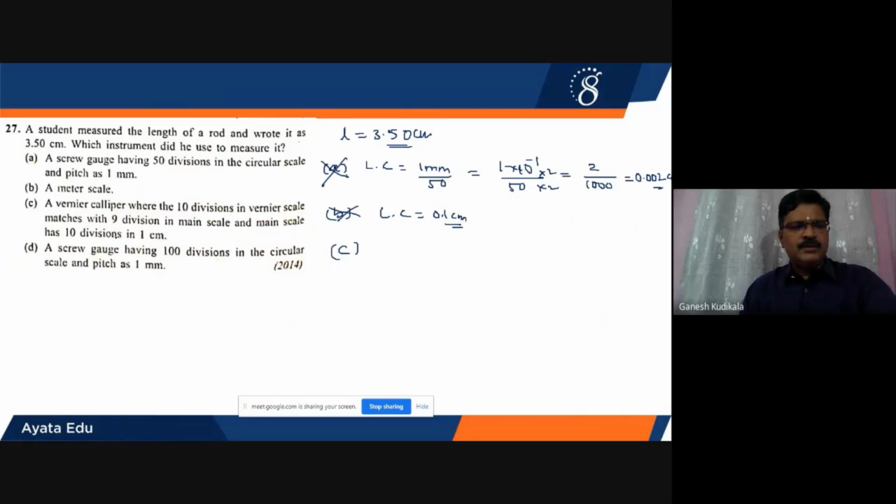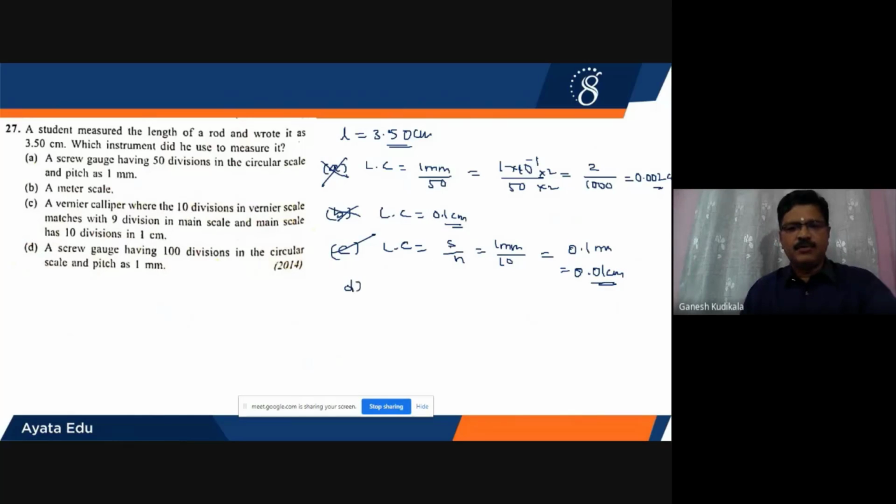The description says it's a conventional scale. Least count will be equal to S by N. S is 1 mm, divided by the number of divisions, 10. Therefore, this will be equal to 0.1 mm or 0.01 centimeters. The second decimal is obtained now. Therefore, this option is correct.